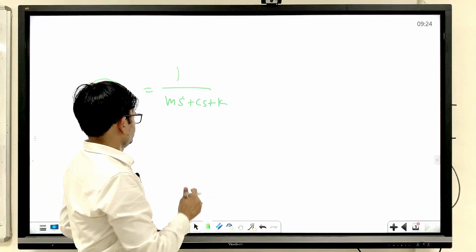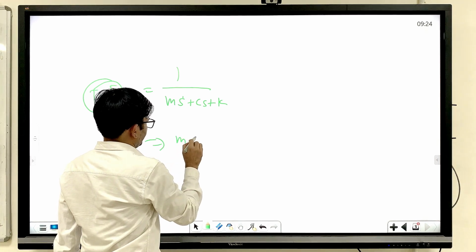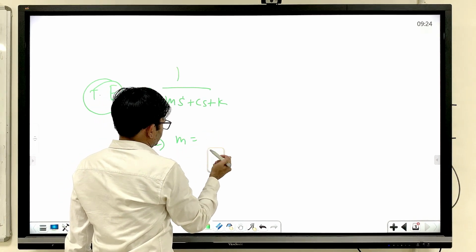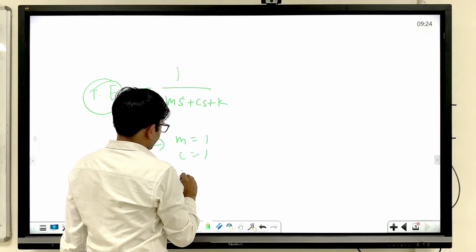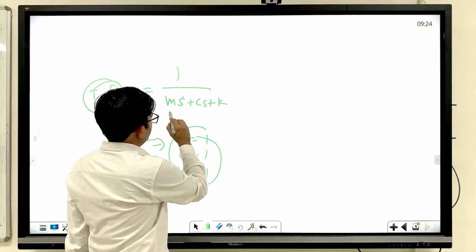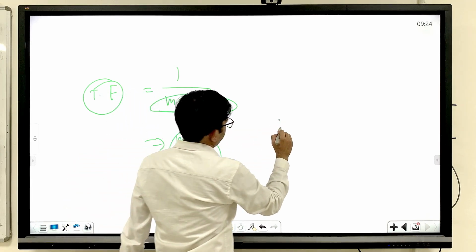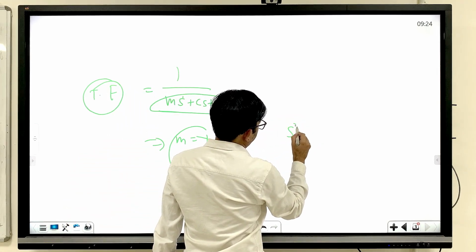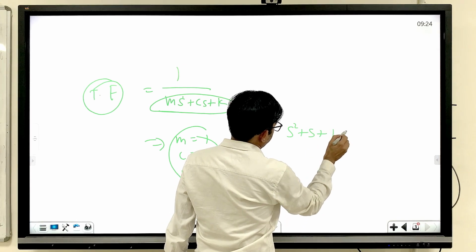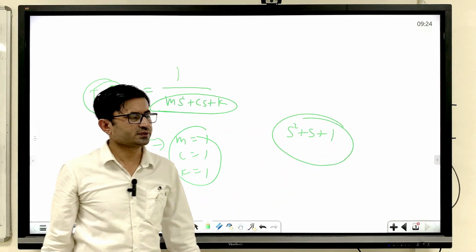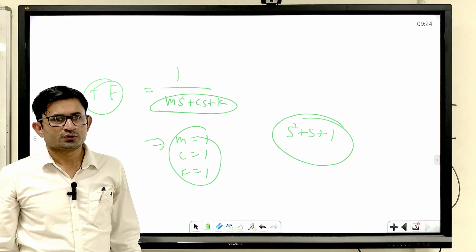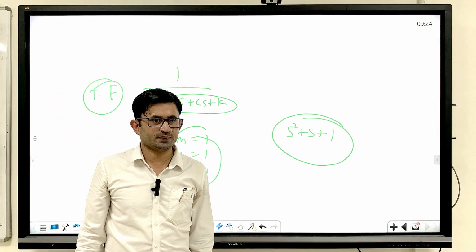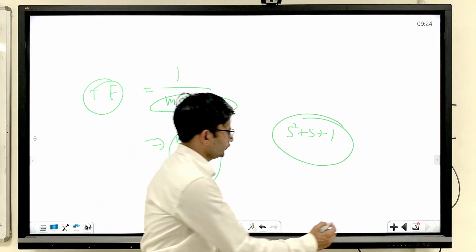Consider m equal to 1, c equal to 1 and k equal to 1, a simple case. So you can write this part as s square plus s plus 1, this part only. Can you draw this Nyquist plot?